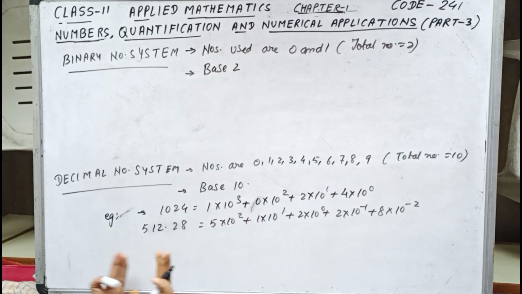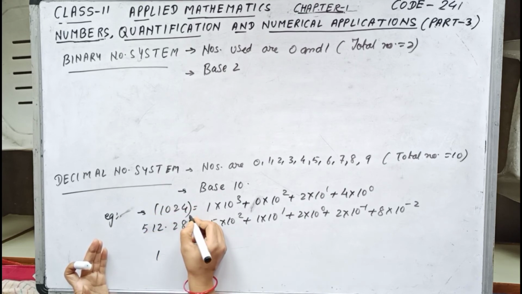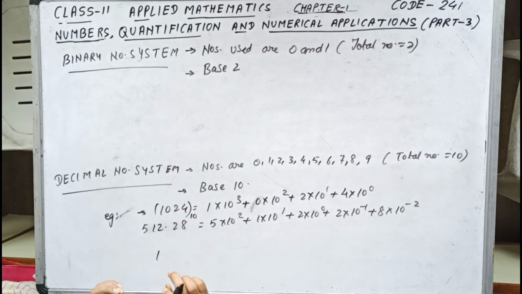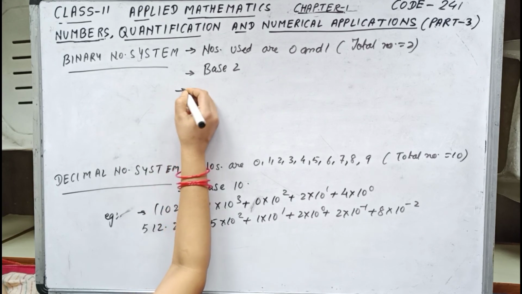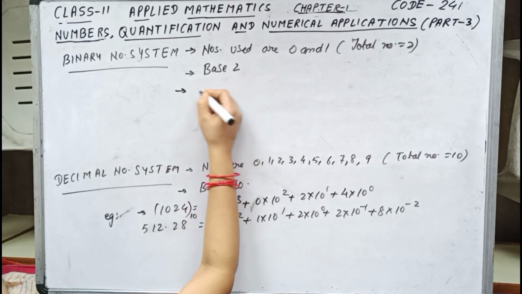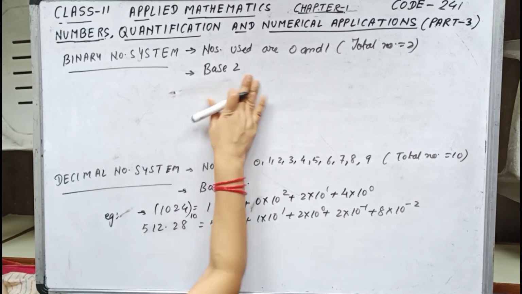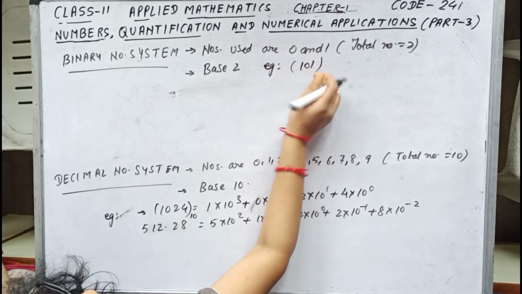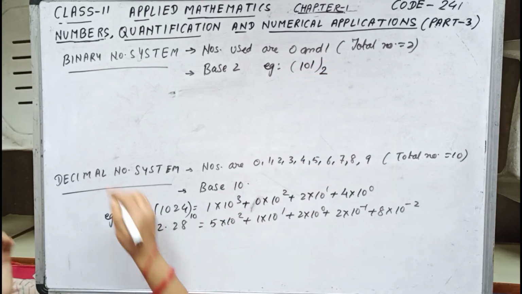Any number in the decimal system, suppose 1024, we write as 1024 with base 10 below. Similarly, for example 101, if a number is written in the binary system we will write it as base 2.